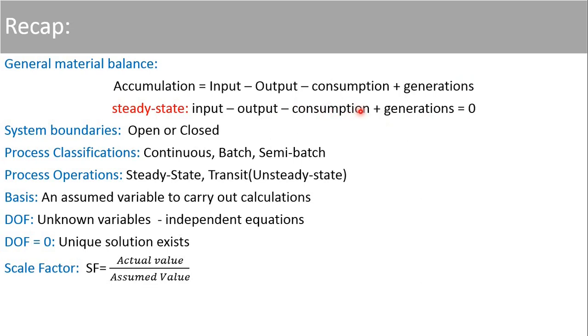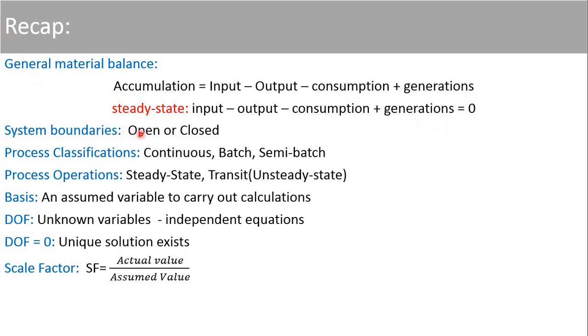If we have no chemical reaction, consumption and generation will be 0. However, we will study it in this chapter, so it's good to leave it as input minus output minus consumption plus generation equals 0. Most processes in chemical engineering are steady state, but sometimes we have unsteady state, so it's good to know this equation.